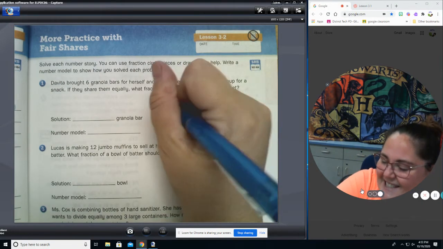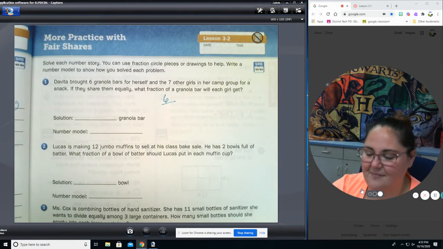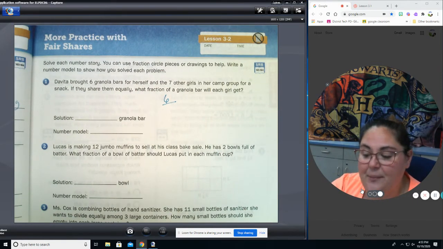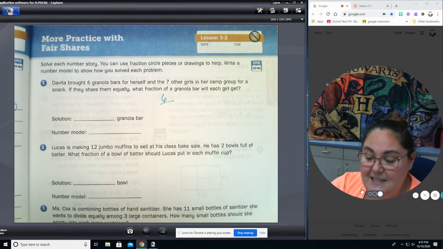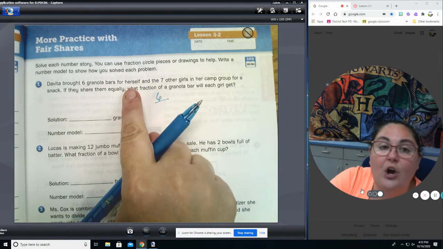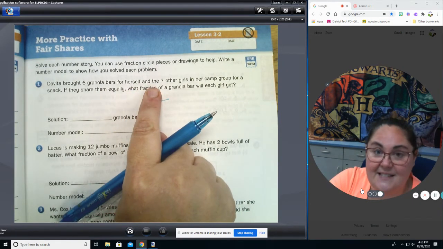So I have 6 granola bars. How many people are sharing? If you said 7, you are not correct. It says she is sharing with herself and 7 friends.